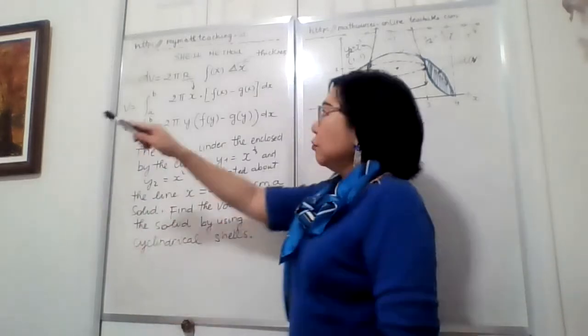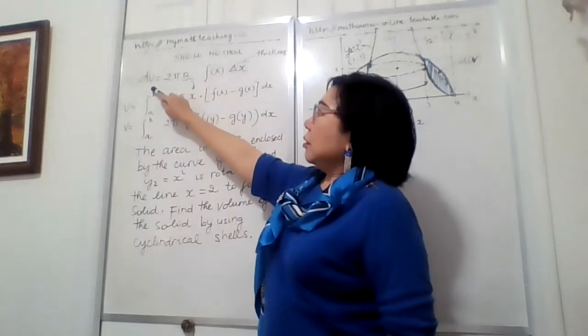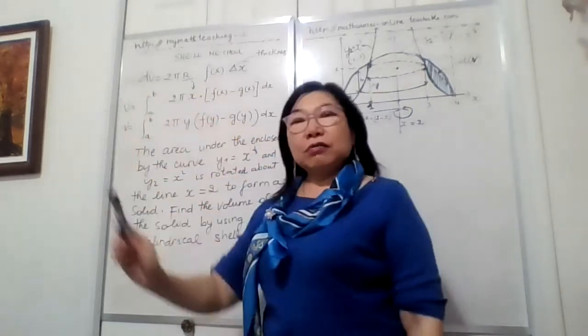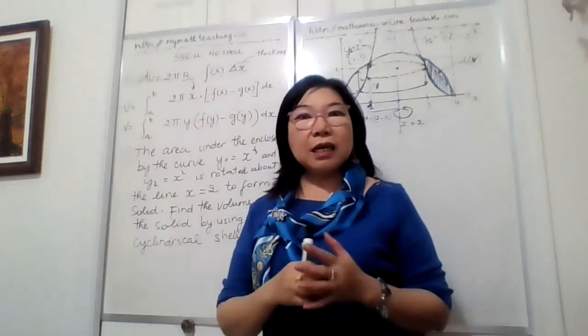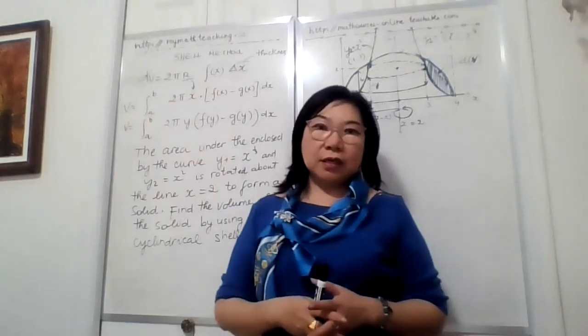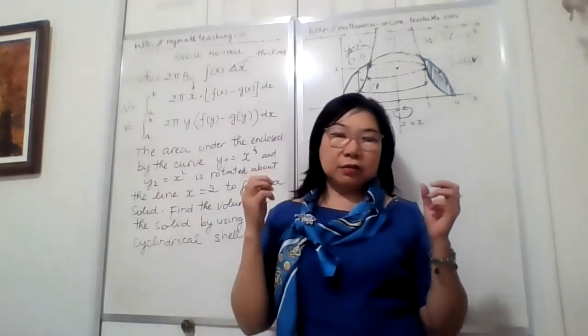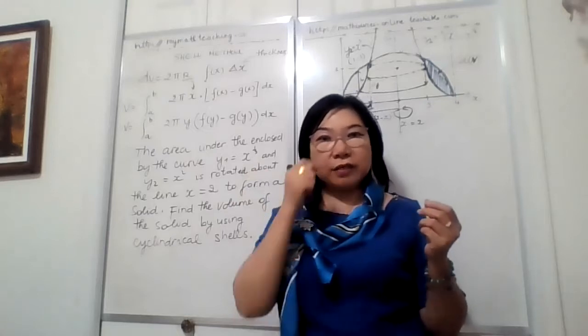And therefore, we have a formula here. I put dV here. Now dV is the derivative of the volume. So far we have learned that the derivative of the area under the curve is the curve function itself.